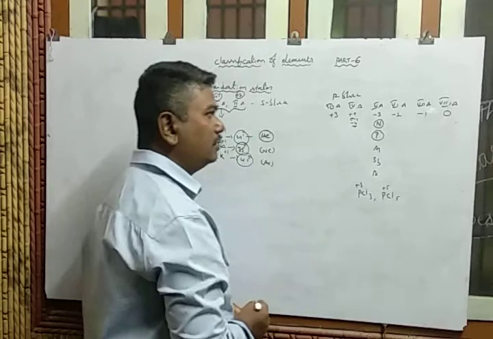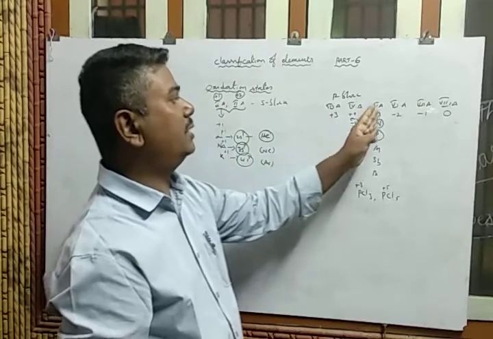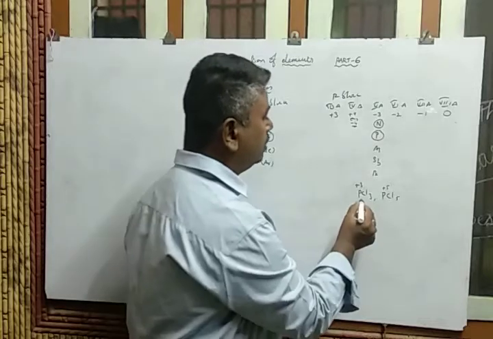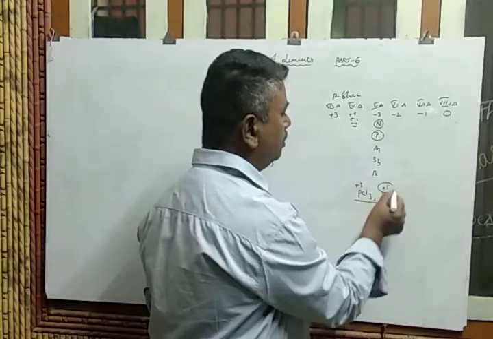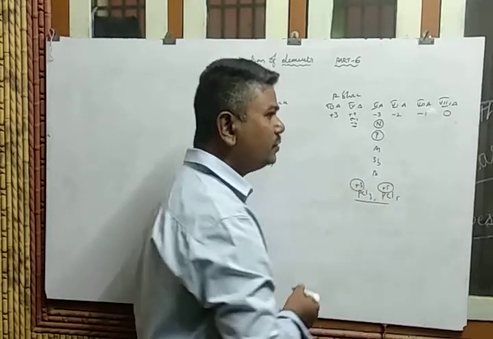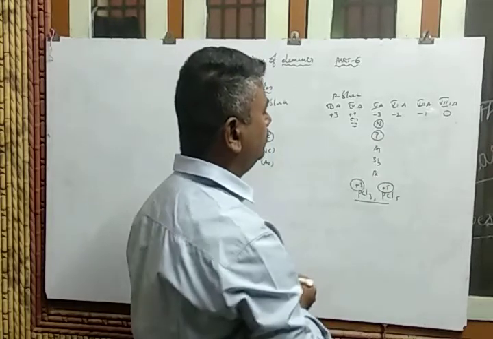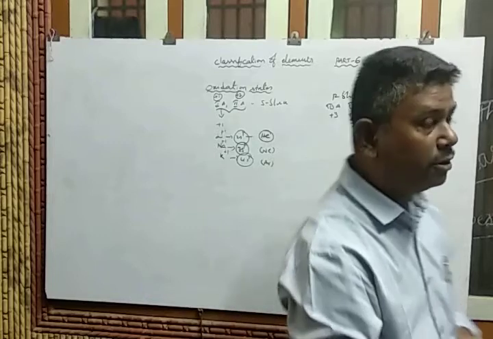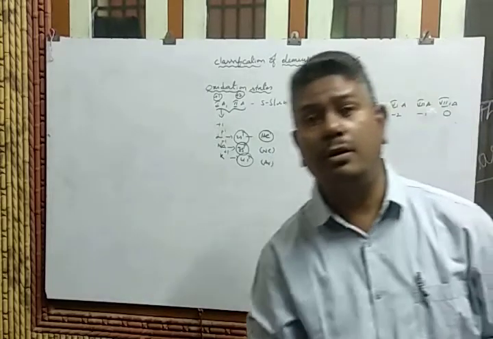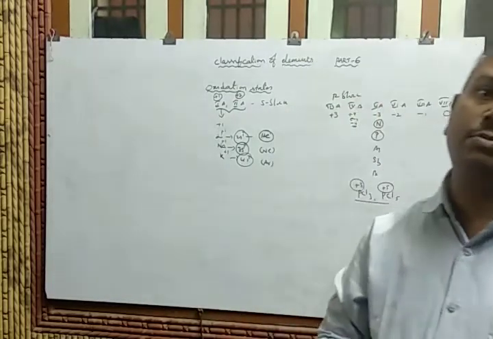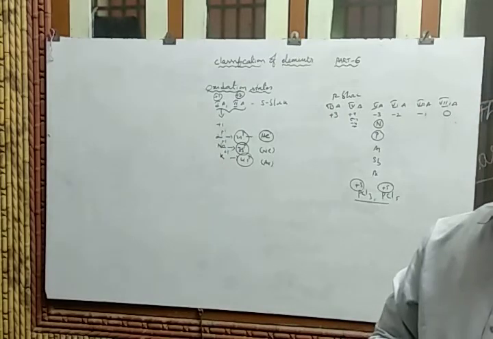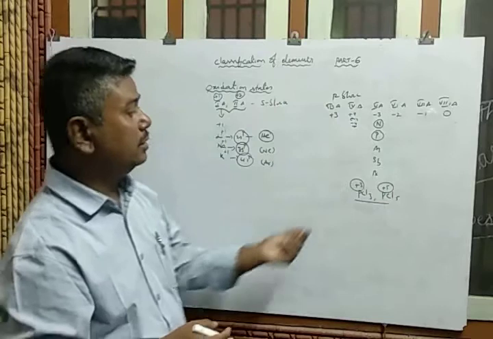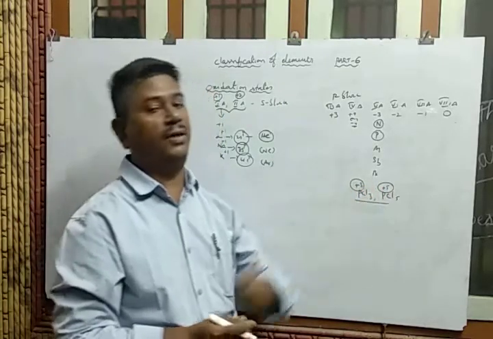That means the 5th and 6th group elements can show variable oxidation states, also variable valency. That means here +3 and +5.